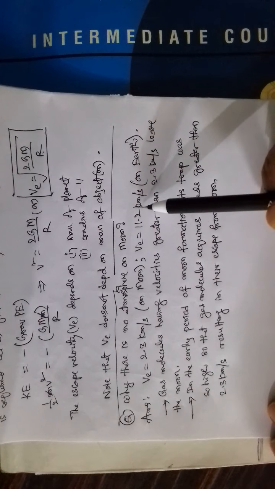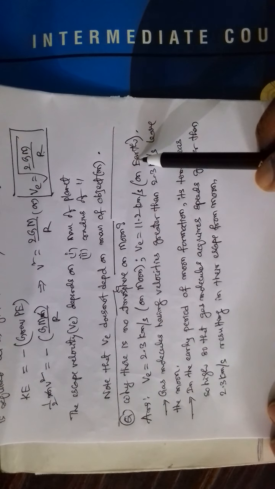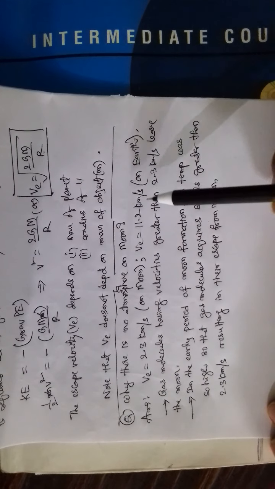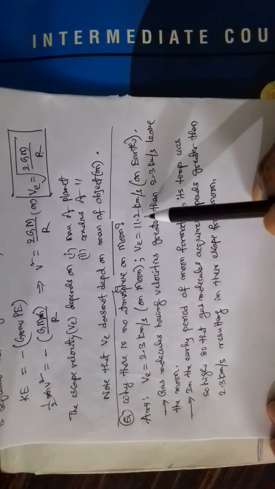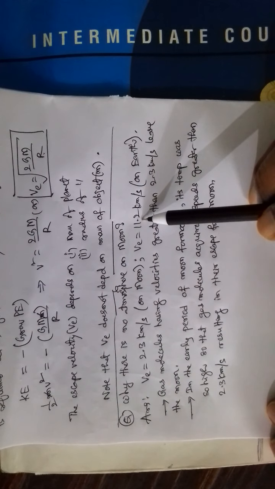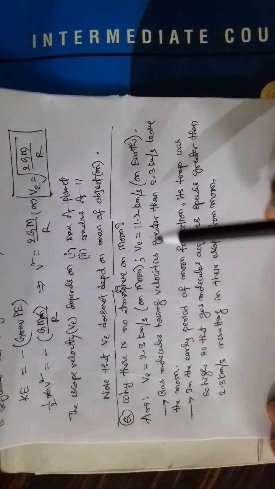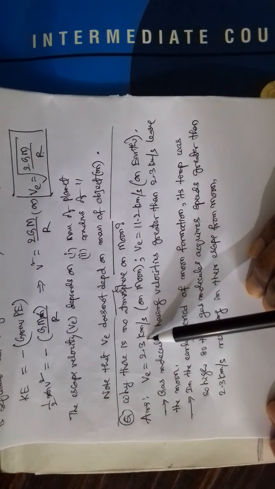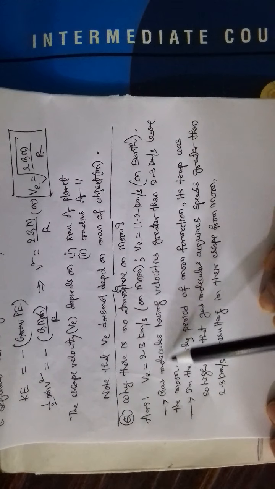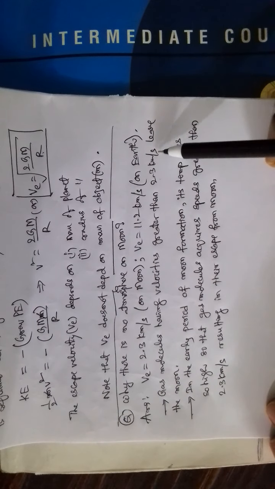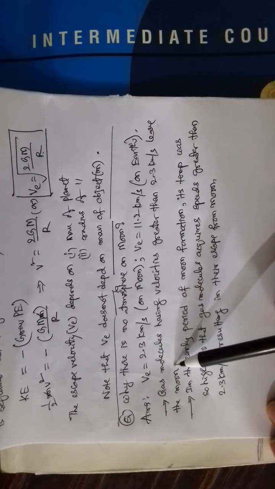If the gas molecules want to leave earth, they must have more than this much velocity to leave the earth's surface. But on the moon, this much speed is enough to leave the moon's surface. Gas molecules having velocities greater than 2.3 km per second naturally leave the moon.